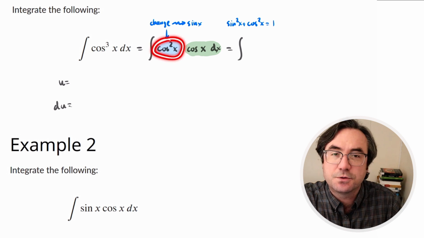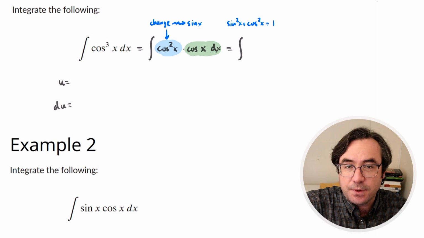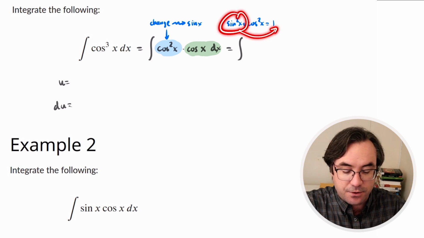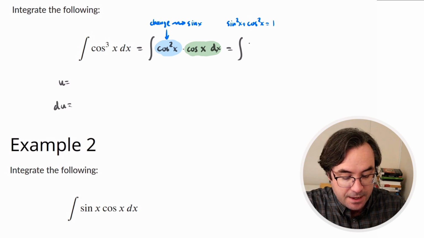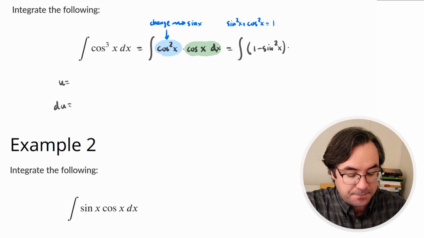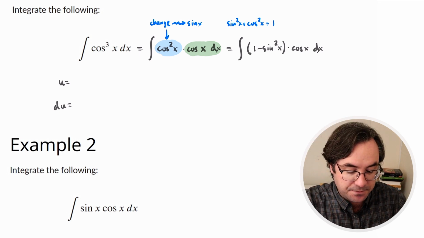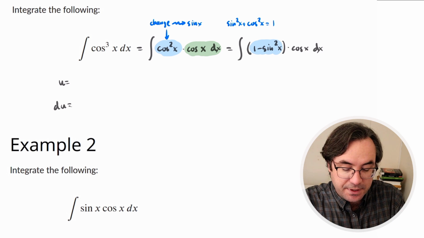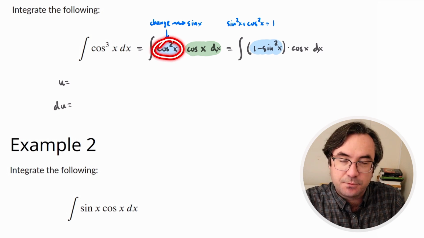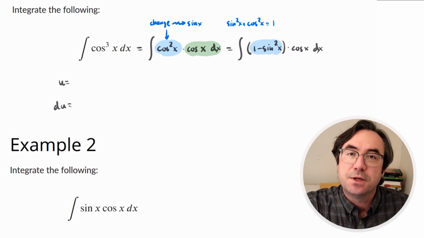So here we have cosine squared. We're just going to solve this equation for cosine squared and move the sine squared over to the other side. And that'll allow us to say 1 minus sine squared times cosine x is now our integral that we're trying to solve.